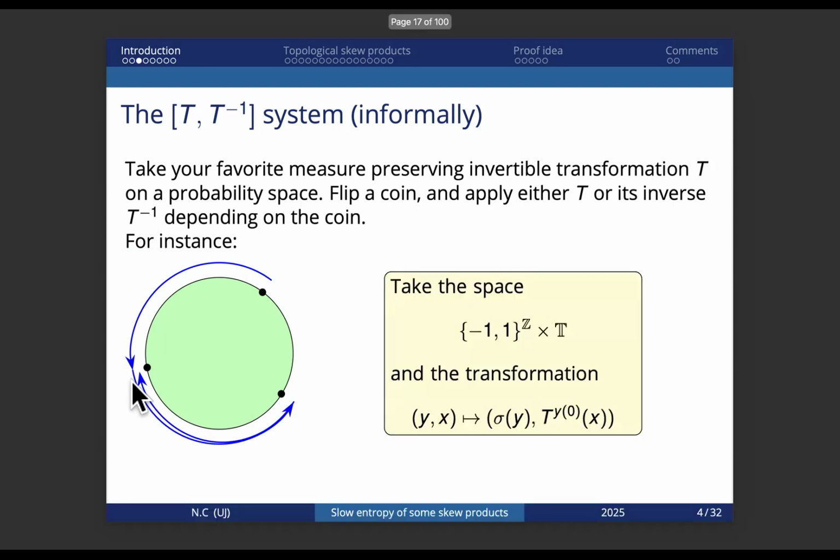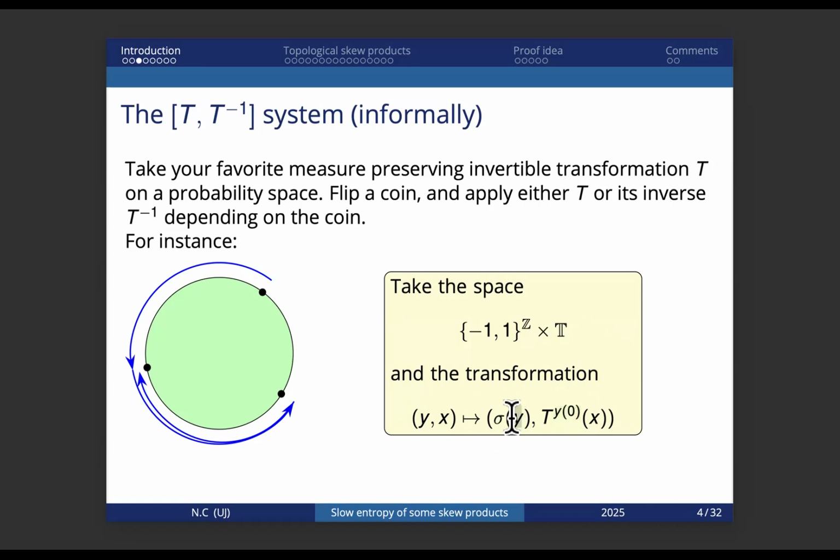One way to formalize this is to take the space, which is the product of bi-infinite sequences, which represent sequences of coin flips, times your original space. And this transformation, so you send a sequence to the shift of this sequence, and you send a point x in your circle to T, which is a rotation, to a power something of T. So here this will be 1 or -1 depending on the first coordinate of y.